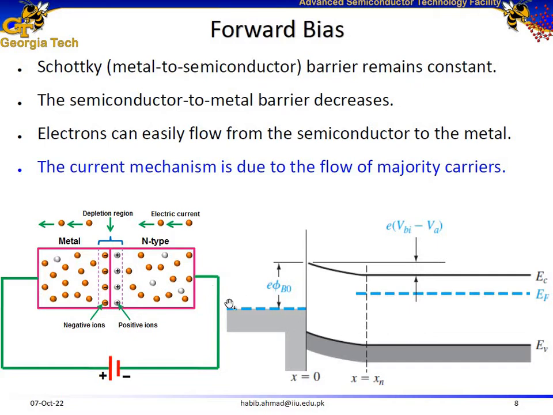Apply positive potential to the metal, negative potential to the semiconductor. The semiconductor energy levels would be dragged up, which means the Fermi level on the semiconductor is going to be slightly higher as compared to the Fermi level on the metal side now. But what happens to the barrier? Now, this built-in potential, which originally was VBI under thermal equilibrium for electrons to move from the semiconductor to the metal, is reduced now.